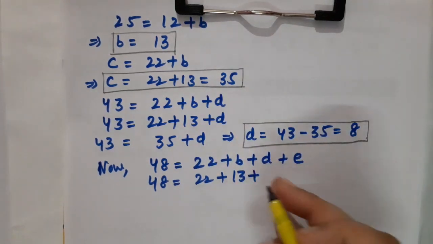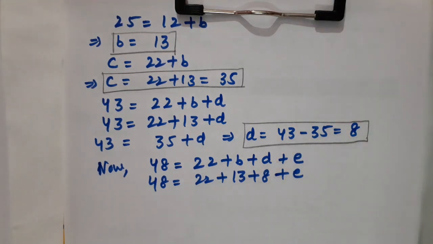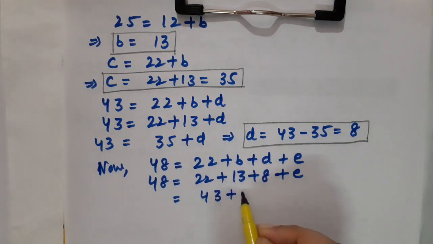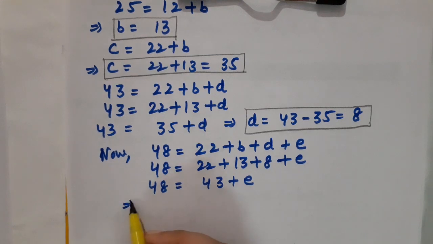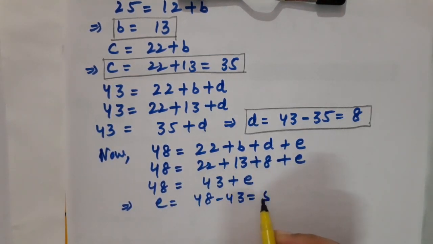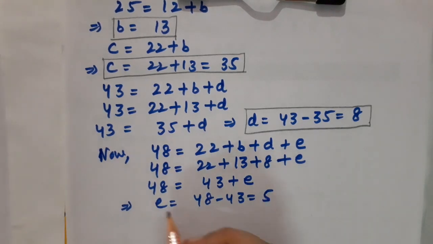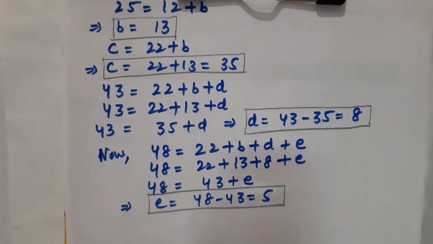That is 13 plus, what is D? That is 8 plus E. 22 plus 13 plus 8 will become 43 plus E is equal to 48. So it implies E is equal to 48 minus 43, which must be equal to 5. So we have come to know the value of another unknown variable, that is E also.